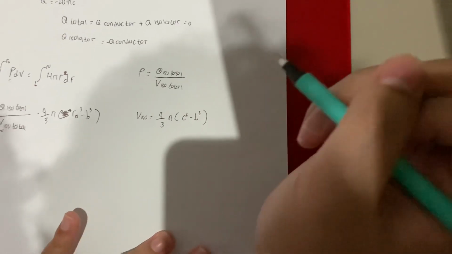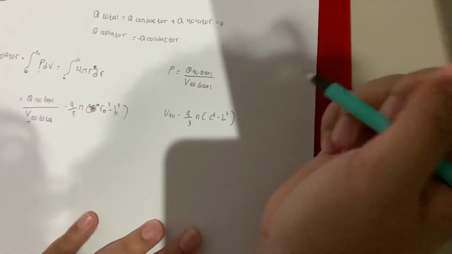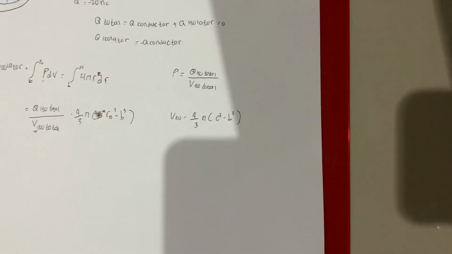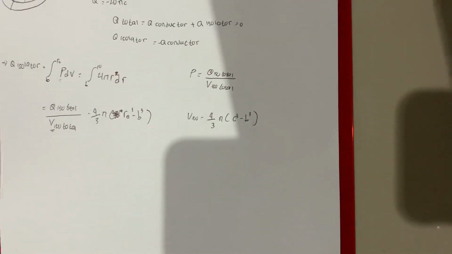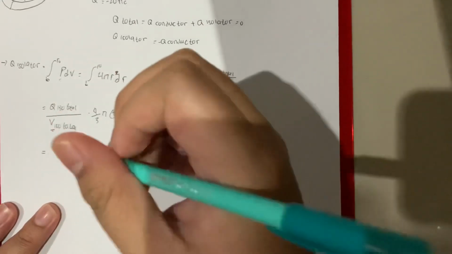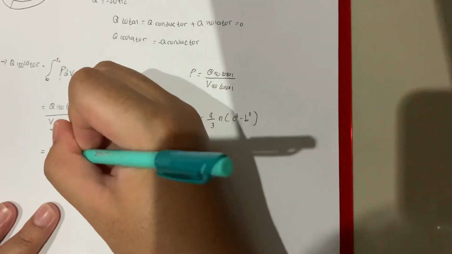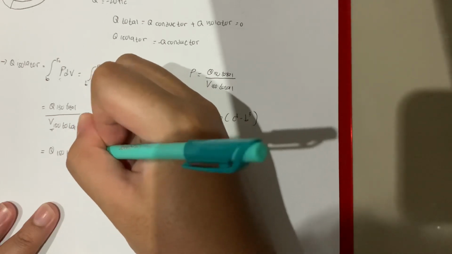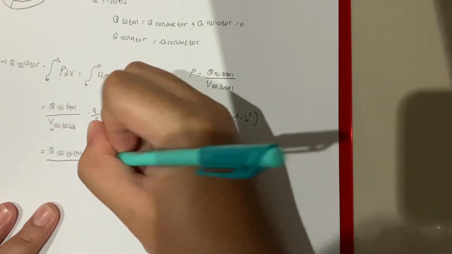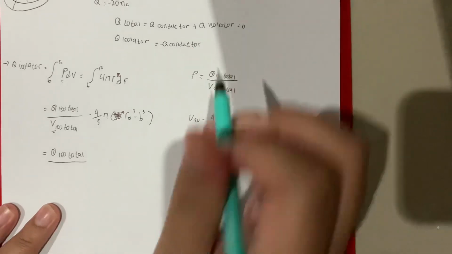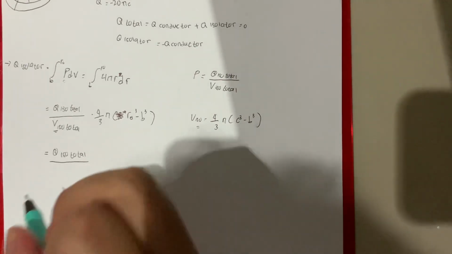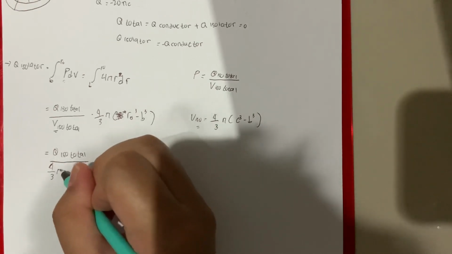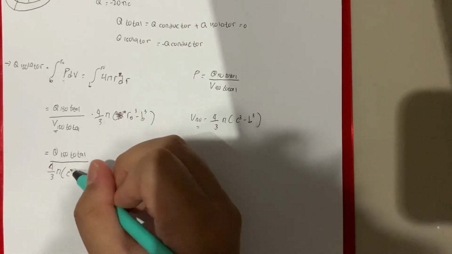We can replace the total V isolator in the Q isolator equation, so the total Q isolator is divided by 4 over 3 pi times c cubic minus b cubic, times 4 over 3 pi times r0 cubic minus b cubic.